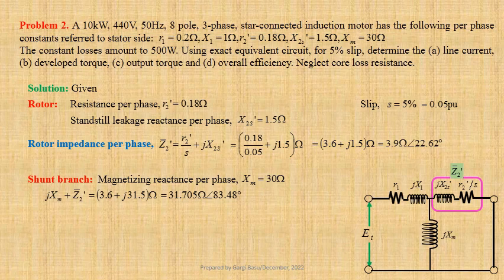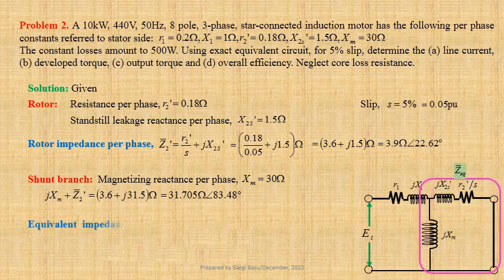Now we shall determine equivalent impedance per phase. ZDQ equals jXm parallel with Z2', that is equal to jXm into Z2' divided by jXm plus Z2'.